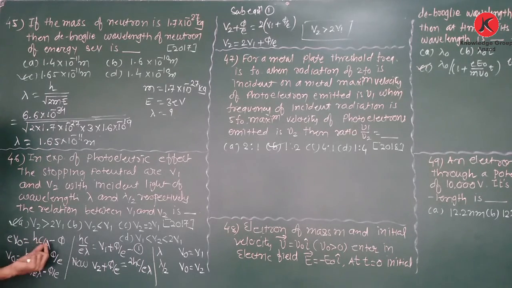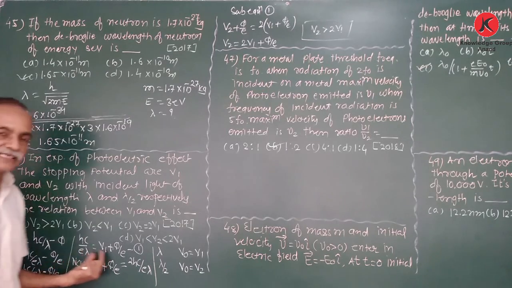Therefore, V0 is equal to Hc upon E lambda minus phi upon E. When the wavelength is lambda, potential is V1, so V1 is equal to Hc upon E lambda minus phi upon E.